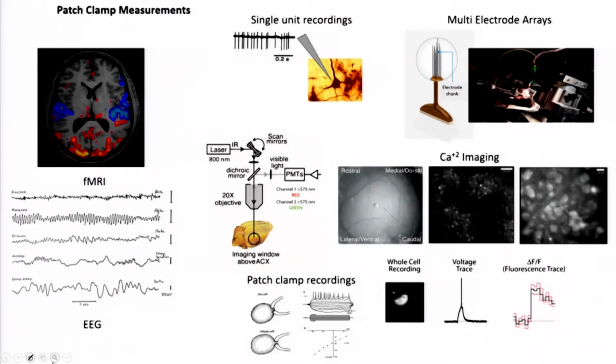Similarly, we have single unit recordings, which measure spiking, when we put a metal electrode very close to a neuron but extracellular, and that picks up the signatures of action potentials happening in the neuron.